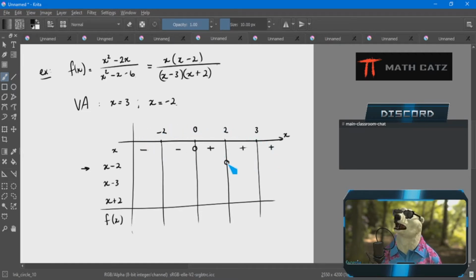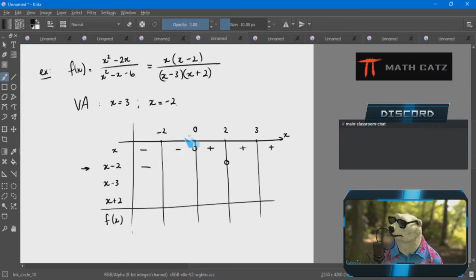So when I have a number, maybe in this compartment over here, this interval, it's less than -2. If I plug that in, like a -3, for example, I get -3 minus -2, which is -5. So I get an answer that is negative. And that's going to be the same for all of these in this interval.